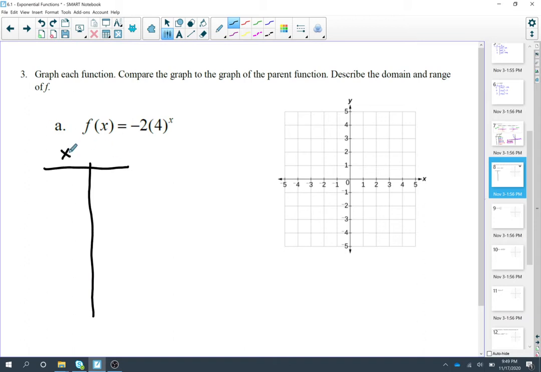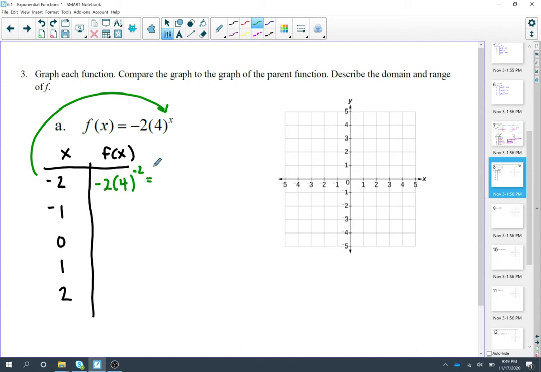I'm going to have x, I'm going to have f of x, and the values I'm going to use here, I'm going to use -2, -1, 0, 1, 2, and we're just going to see what happens. So starting out, I'm going to substitute the -2 in for the x. So we're going to have -2 times 4 to the power of -2.